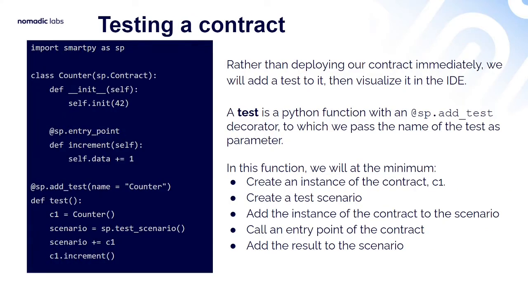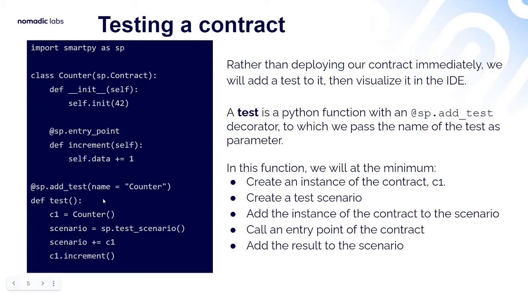Once we have a contract in SmartPy, we can test it right away by adding a test scenario at the end of the contract. We will be able to run this code in the IDE and see how it works. To create a test, we create a test function and add a decorator sp.addTest, and we pass as a parameter to this decorator the name of the test.